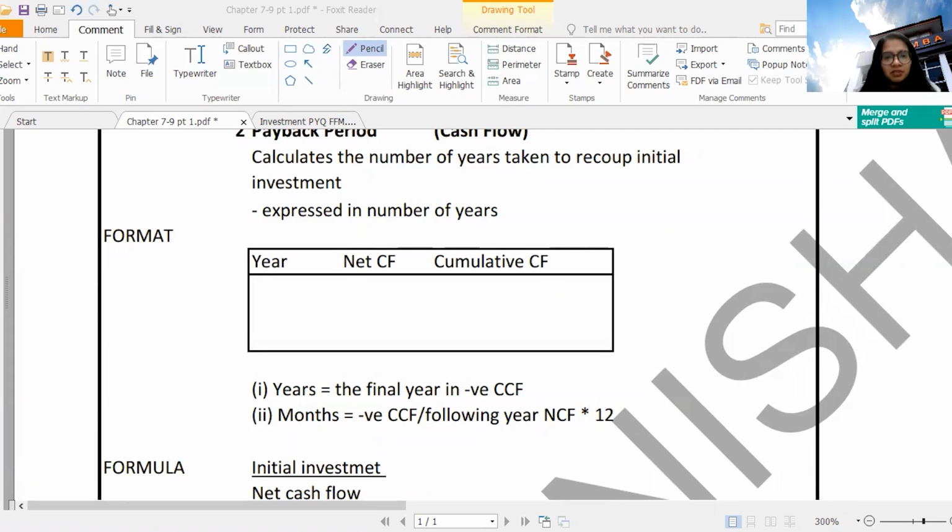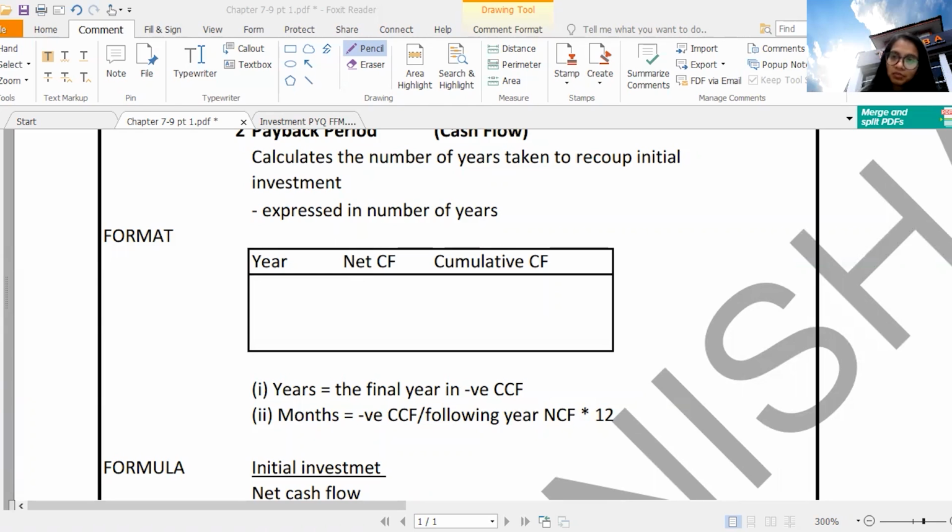So what is the payback period? It's an alternative to the ARR, or actually it's not an alternative, it's on top of the ARR. There is another method that can be used as a non-discounted cash flow technique, and this technique is called the payback period.